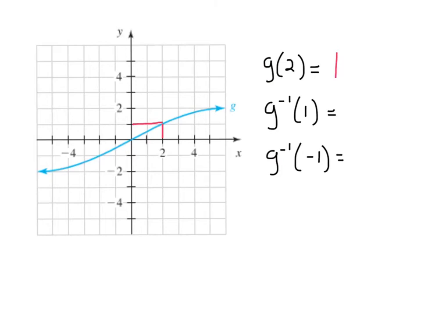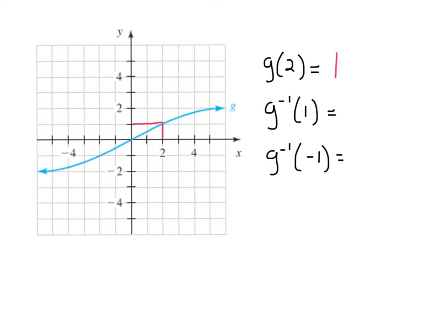Alright, now let's look at the second one. We want to do g inverse of 1. Now the key thing here is to notice you're dealing with g inverse, not g. So this 1 is an input for g inverse, but that would make it an output on the original function g.